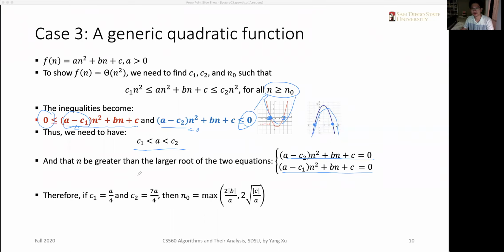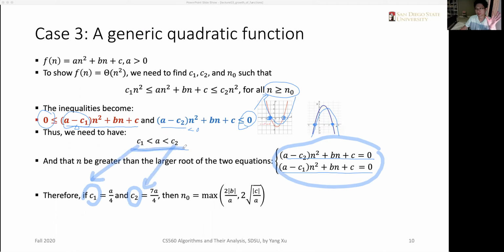we can, so first of all, choose the C1 and C2 properly, so that it's easier to solve these two equations. Because as long as we choose the C1, C2 satisfying this inequality, then it's okay, right? We can choose basically any kind of C1, C2. But we found that if C1 is a over 4 and C2 is 7 times a over 4, these two equations are easier to solve.